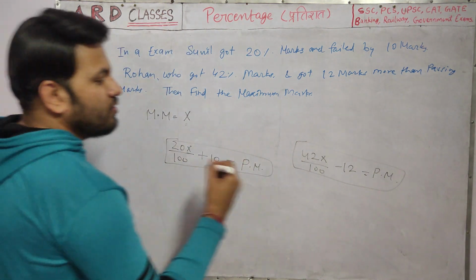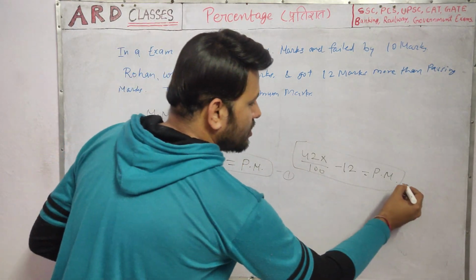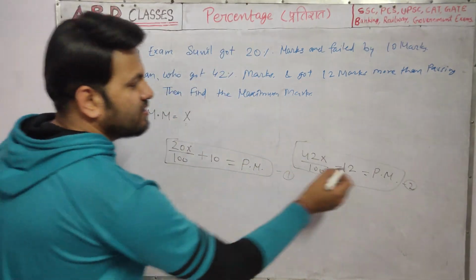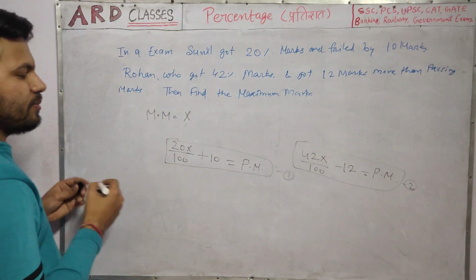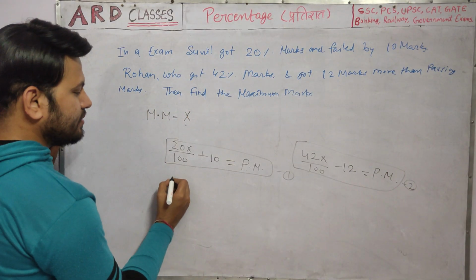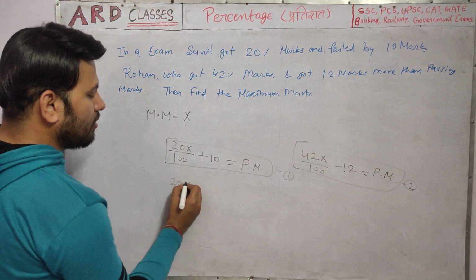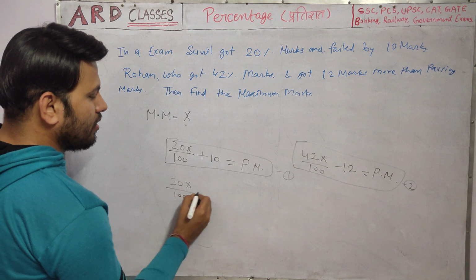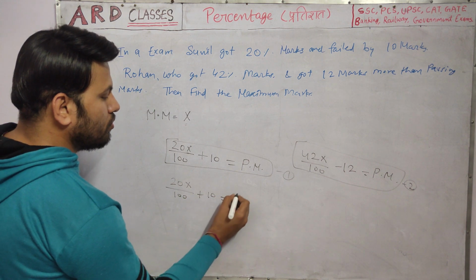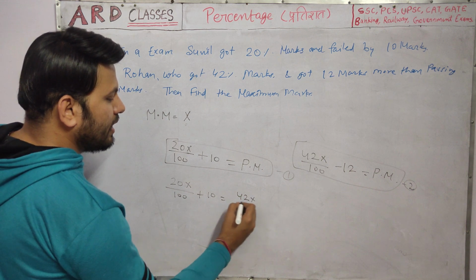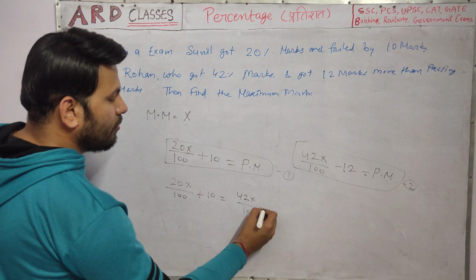So, equation 1, equation 2, both are passing marks, so simply we can write 20x by 100 plus 10 equals 42x by 100 minus 12.